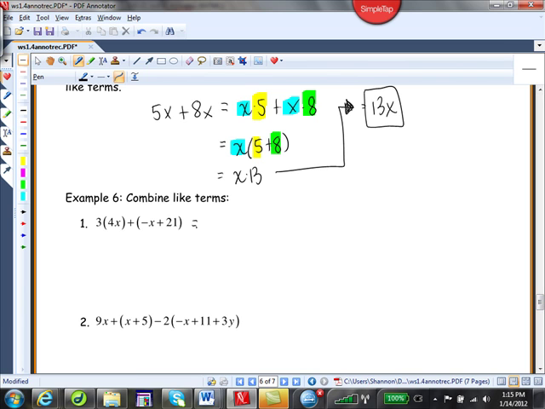The first part will be, we will have 12 x's, and then we will have minus an x, and then plus a 21. So 12x minus 1x gives us 11 x's, and the plus 21 just goes along for the ride.